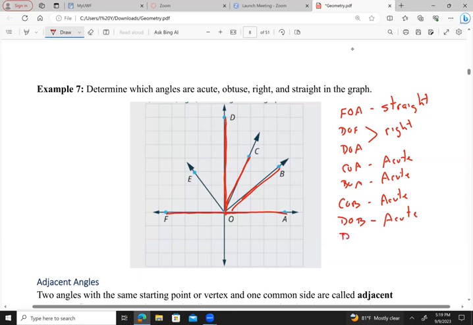DOC, EOF, also acute. EOD, EOD is acute. It's here. EOC, that's acute.